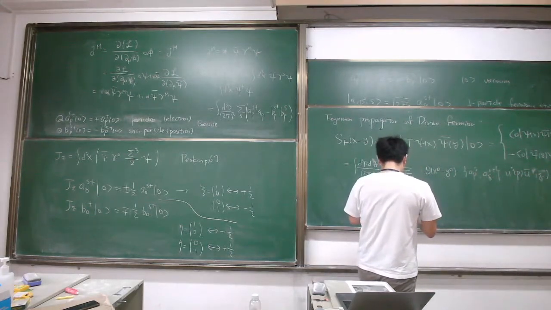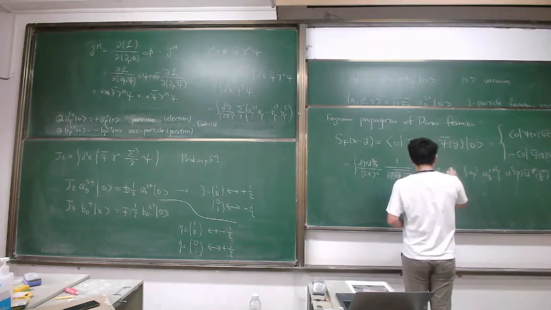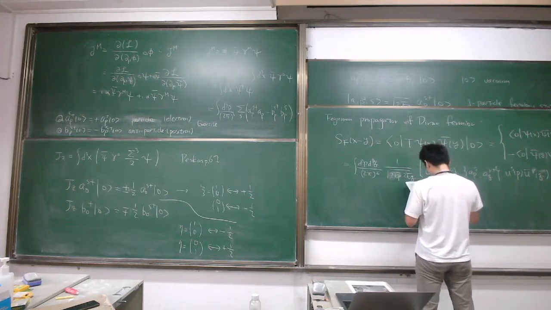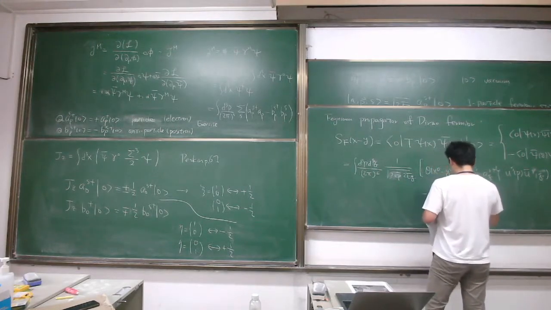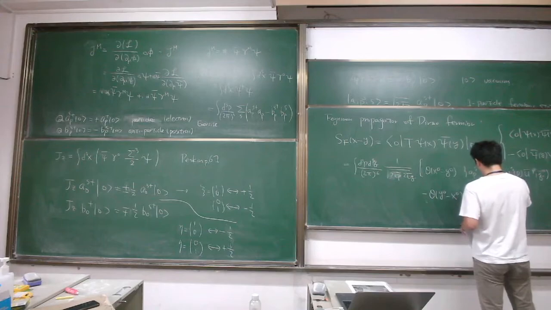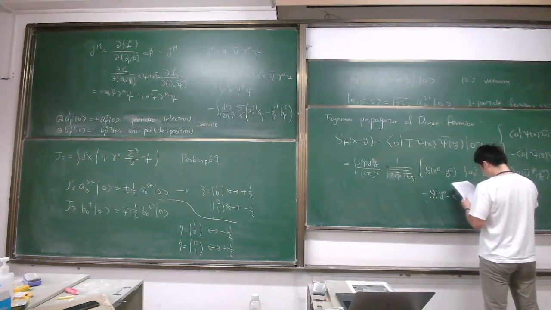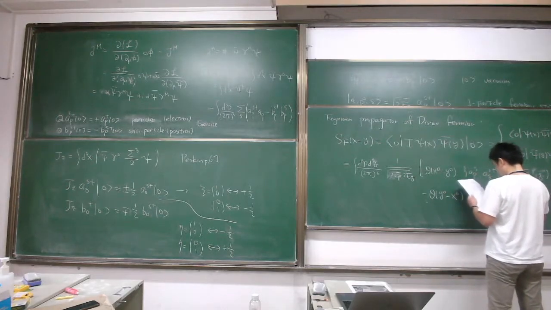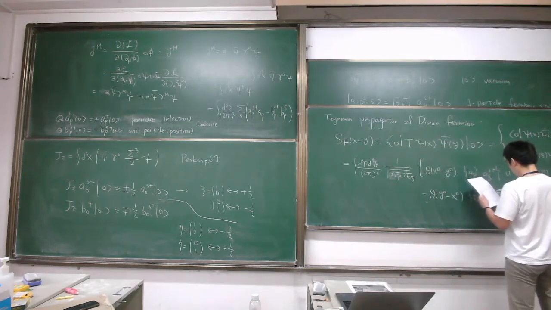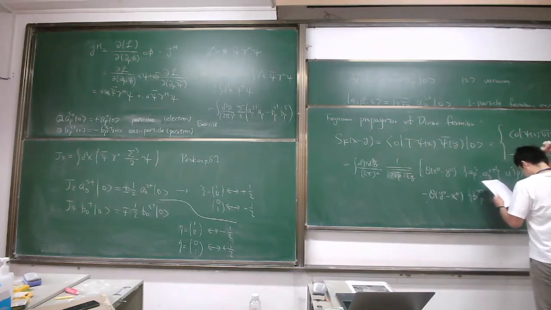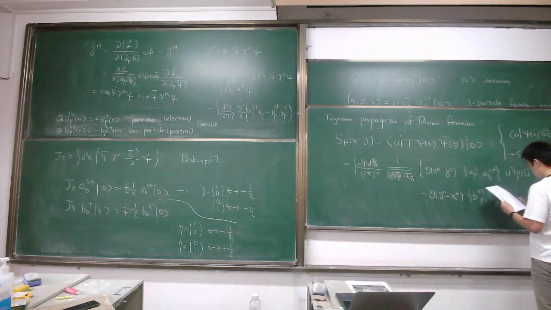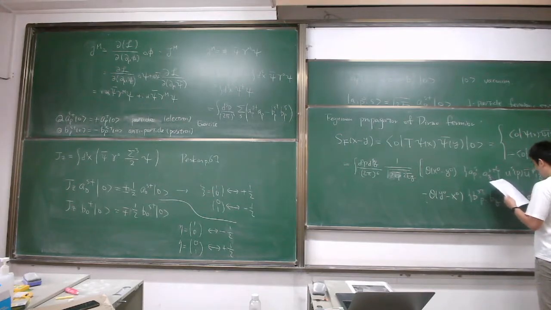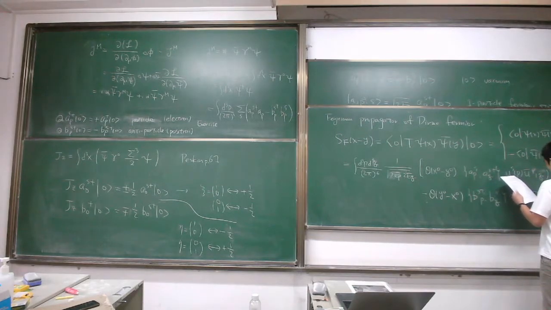On the other hand, for the forward time and retarded backward time, you have y naught. This is the step function I already introduced, and you have the B field, B creation operator and annihilation operator, to the plus.